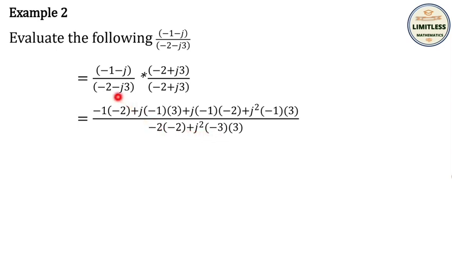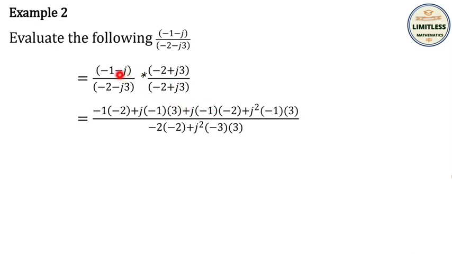Then what we need to pay attention to is the numerator. So it's -1 times -2, this one, then -1 times positive j3, which is this one. So j is positive, so it's negative times positive. Then similarly we expand this one, multiply by this one, we get this.